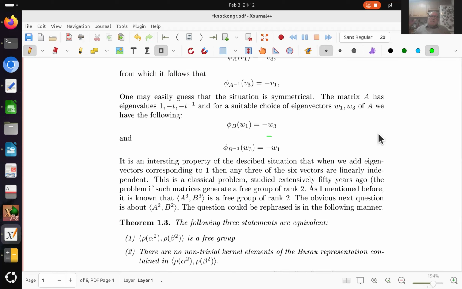Well, I will not go into details, but if you factorize the whole problem to the projective space, you can easily get the result saying that for a suitable number k, maybe not the matrices A and B, but the matrices A to the k power and B to the k power do generate a free subgroup of rank 2.